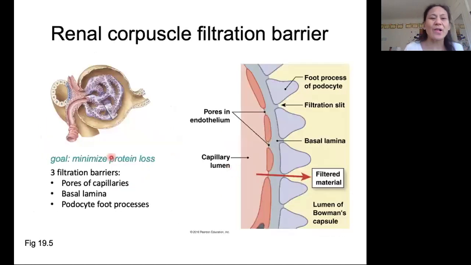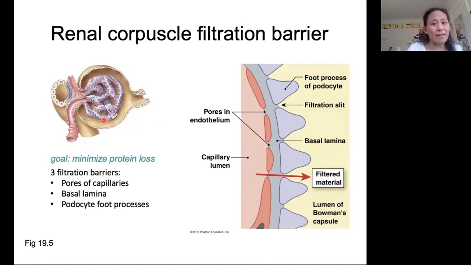Okay, so looking closer at this filtration barrier, we're looking at that interface between the glomerular capillary and Bowman's capsule. We want to think about what's happening here. We're getting filtration. We want to move solutes, and also water, from the bloodstream right here into Bowman's capsule out here.